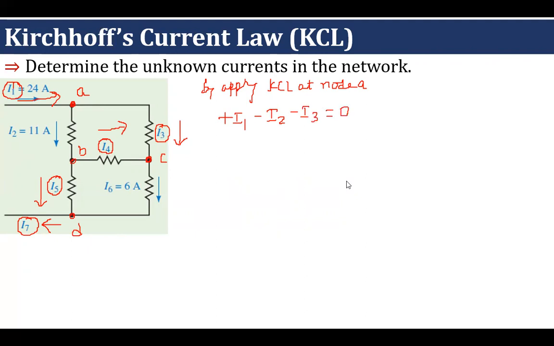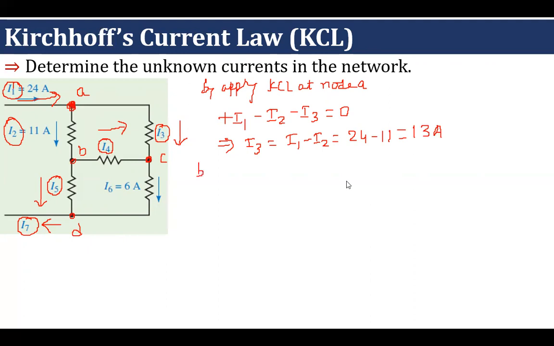Three currents are associated with this node. I1 is incoming, I2 is outgoing, and I3 is also outgoing. So what will be the value of I3? I3 will be equal to I1 minus I2. Both are known quantities. So simply I will write 24 minus 11, and this is going to be equal to 13 ampere. Okay, 13 ampere is the value of this I3.